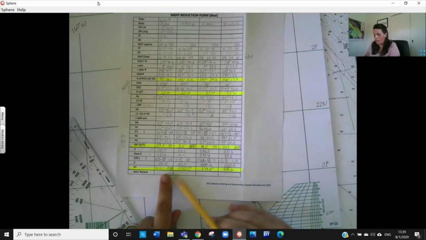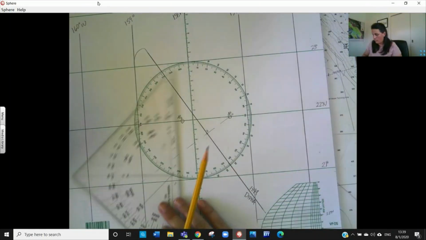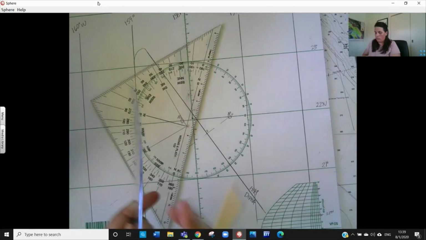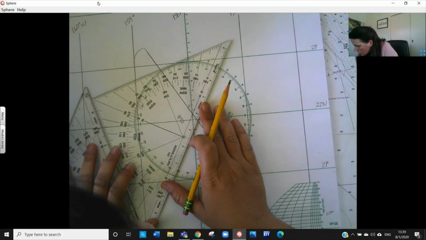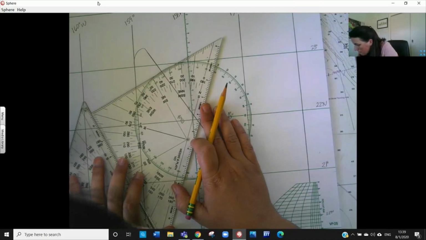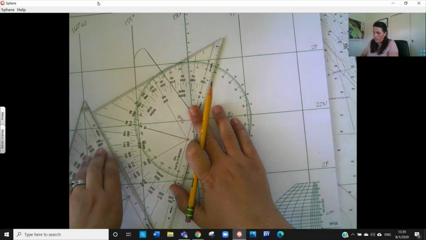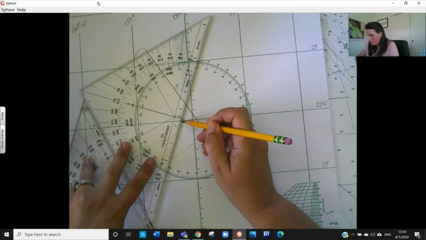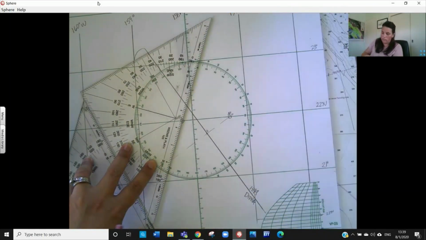My azimuth is 0 to 0.7 away. So I'm going to be going away from about 121. So 0 to 0.7. Right about there. Bring it to my assumed position, and instead of going towards 0 to 0, I'm going away from 0 to 0.